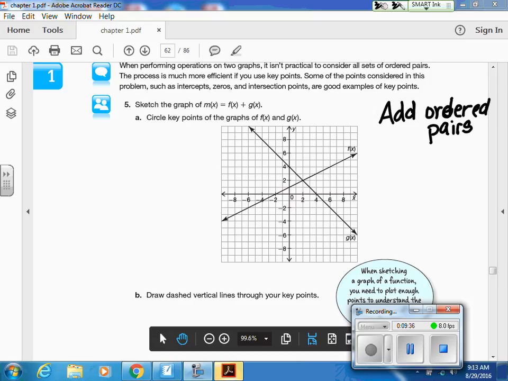Okay. Legions of Doom, what you got? Rise over run. And do what? Just put rise over run?